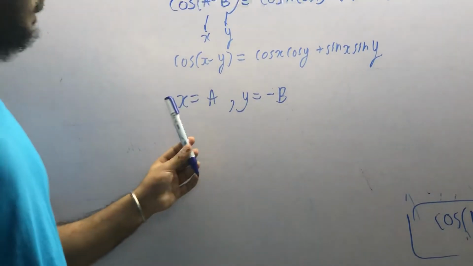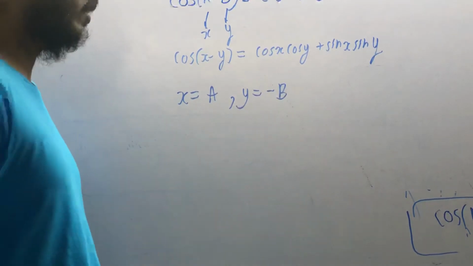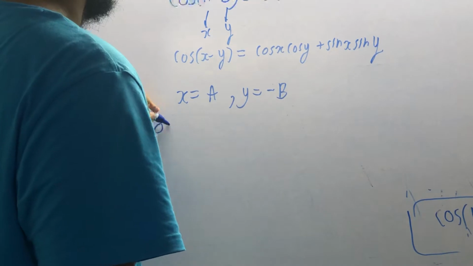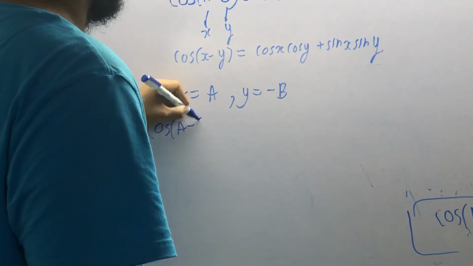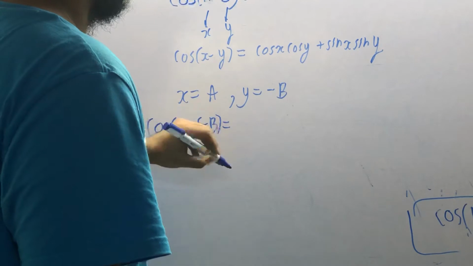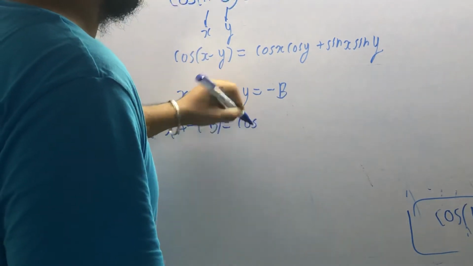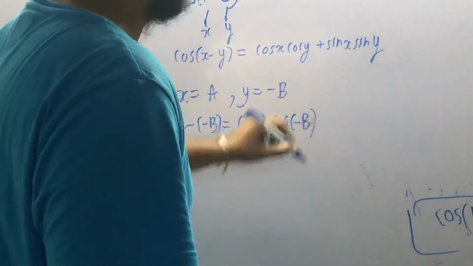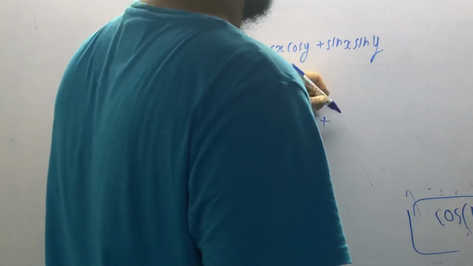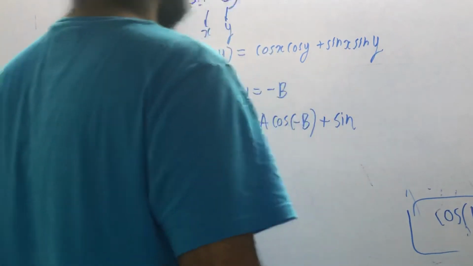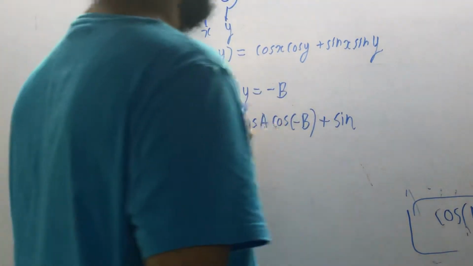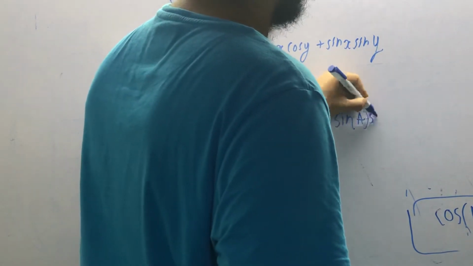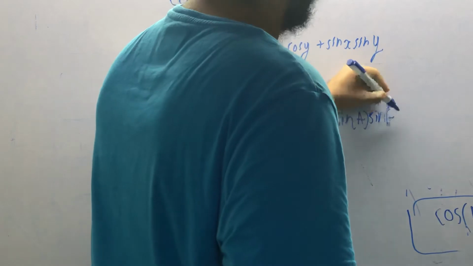I am assuming x is equal to angle A and y is equal to angle minus B. Now see here, cos(A minus (minus B)) is equal to cos A cos of minus B, plus sin A sin of minus B.